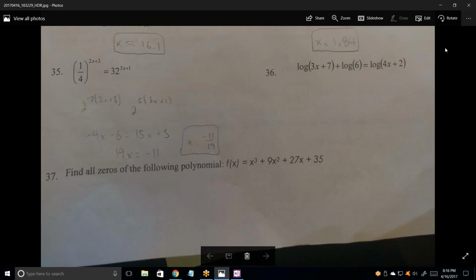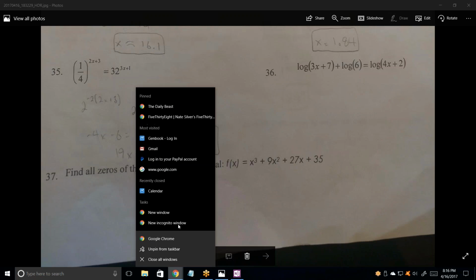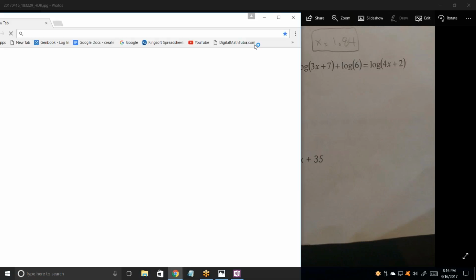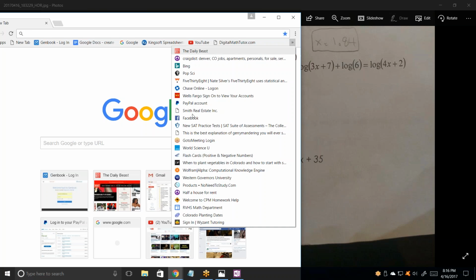You can. Okay, I'll do it. I'm going to open it up, and all I have to do is find Wolfram Alpha on here. How come I don't see it? Here it is.